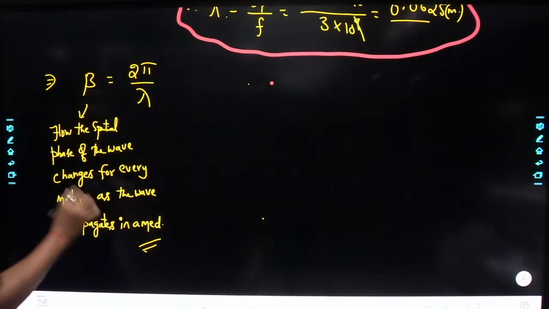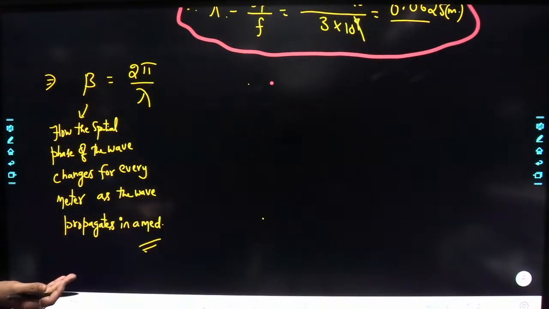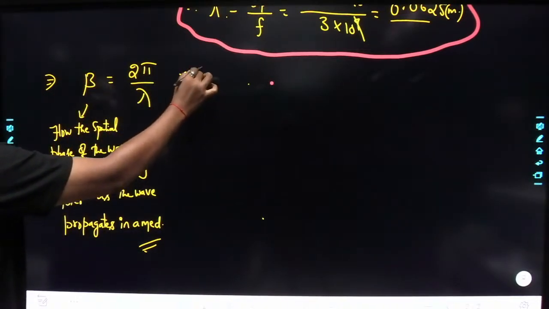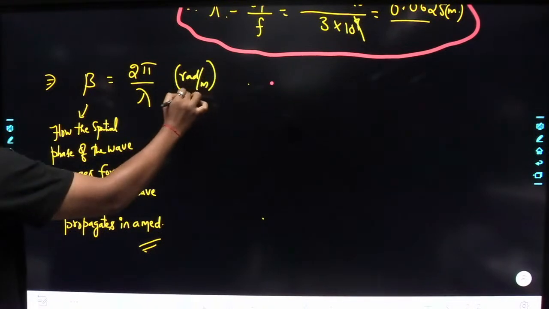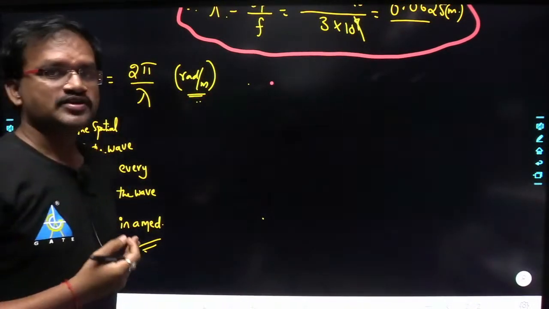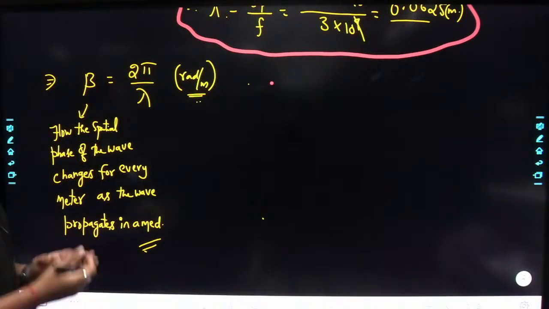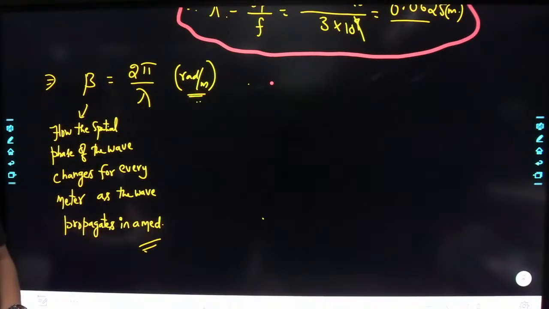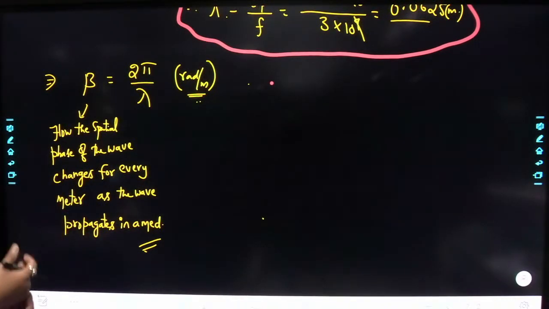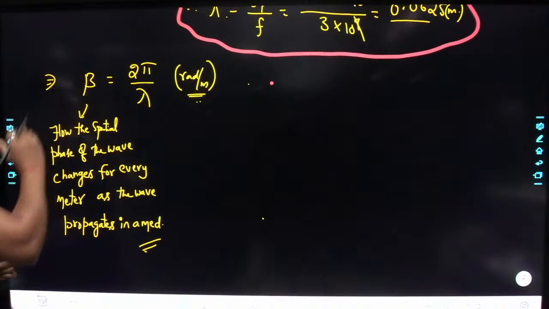So it represents the change in phase per meter here, right? The units of beta are radian per meter. So how the phase of the wave changes per meter as the wave propagates in a medium is given by the phase constant beta.